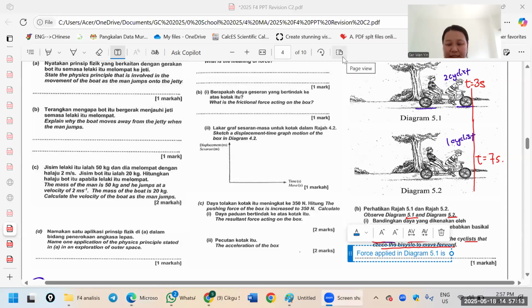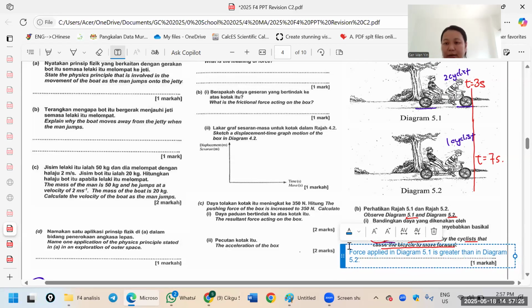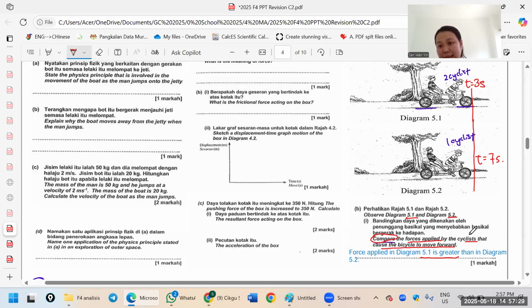Yes, it's greater. Yeah, correct. It's greater than in diagram 5.2. I still encourage you all put 5.1 is greater.